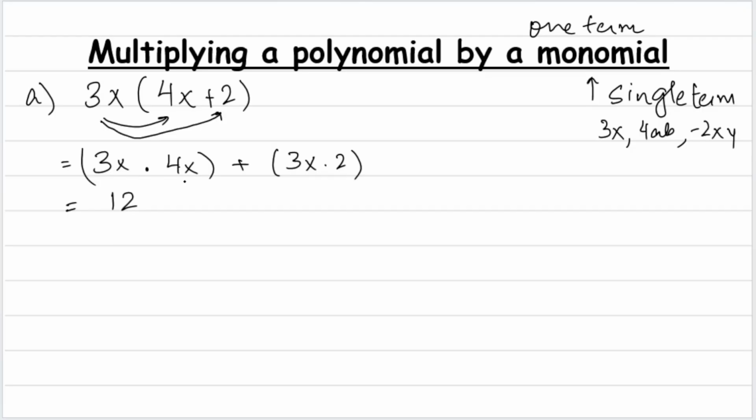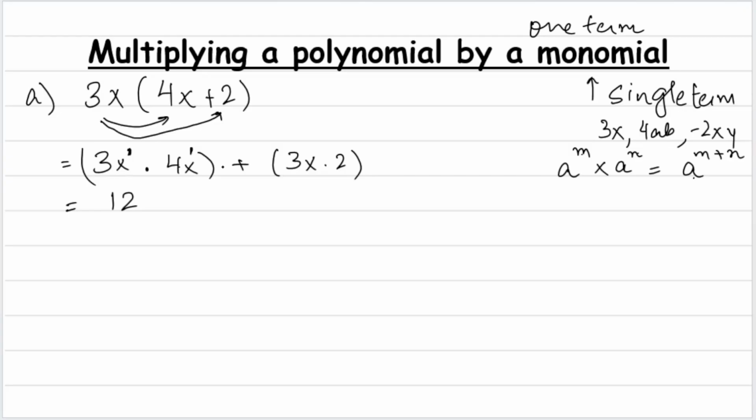And x, what will happen to x? What is the exponent of x? 1. Now the law of exponents: if I have the same base but different exponents, then when they are multiplied, the base stays the same and the exponents get added.